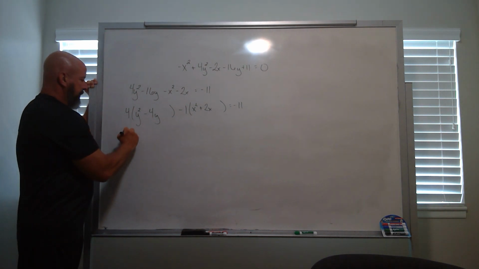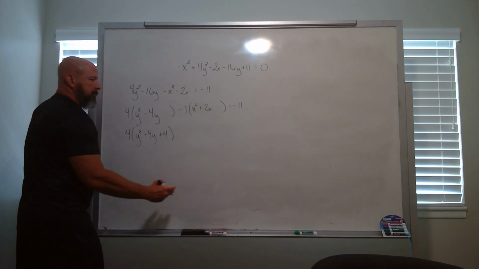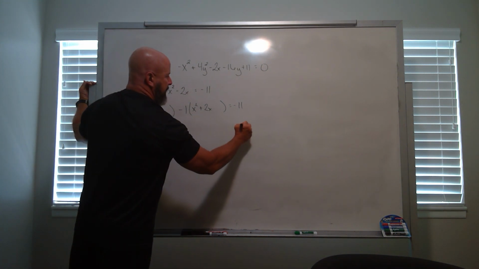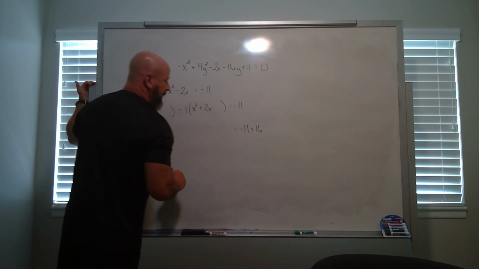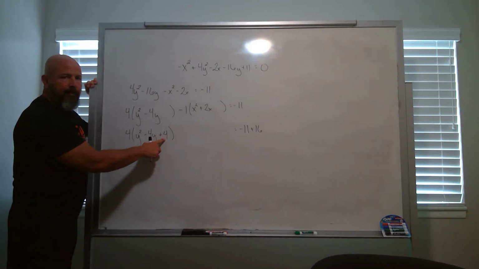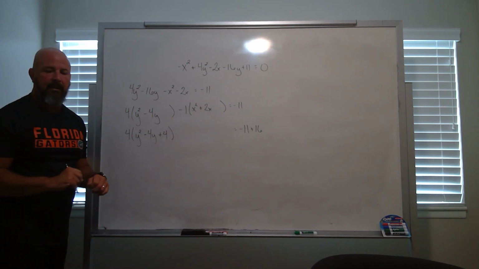Let's get the square completed. Y squared minus 4y. All right, half of 4 is 2, squared is 4. I've got to balance this on the right side, and I'm going to add 16. I'm adding 16 because inside I added 4, so really on the left I added 4 times 4, which is my 16 there.